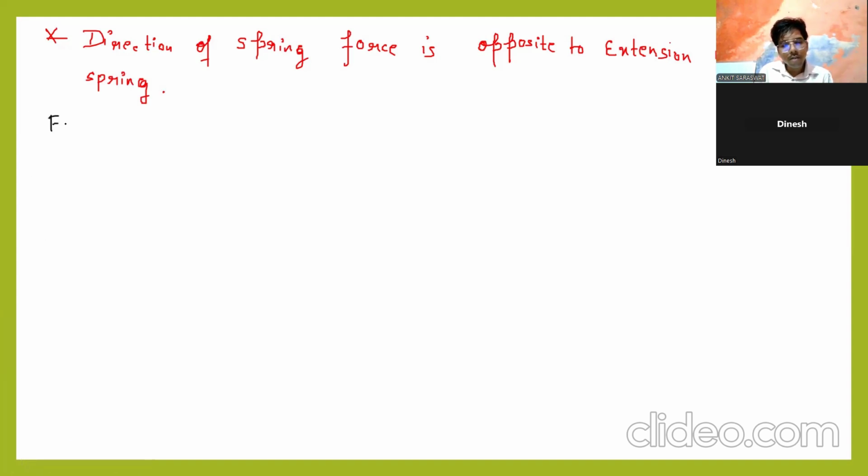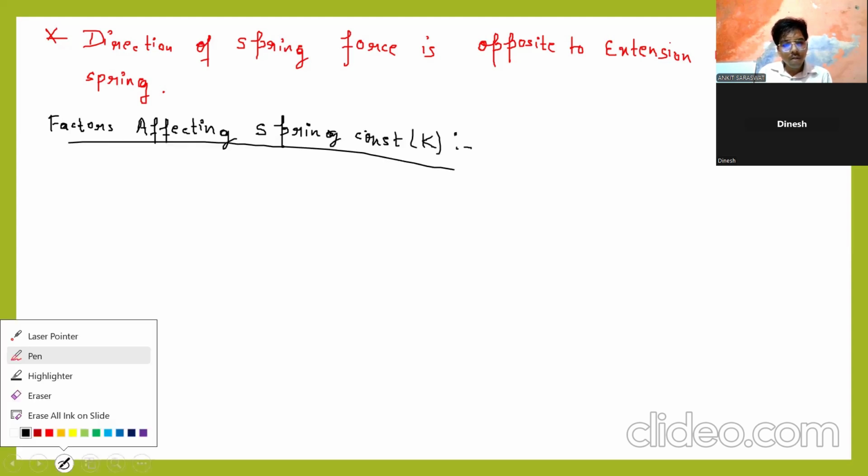Write down factors affecting spring constant. Constant means K. I'm talking about this. Okay. Write down.